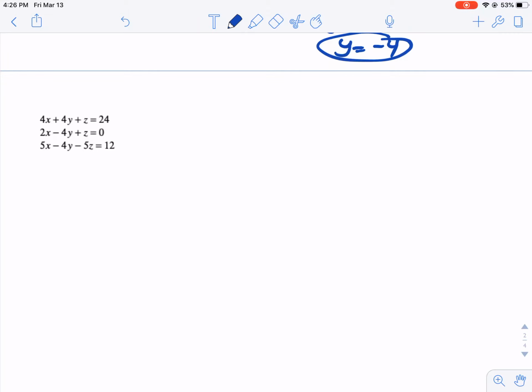Okay, again, it doesn't matter what I choose to eliminate, and I can do whatever I want. So I'm going to take these first 2 equations, and I am going to eliminate the x's this time. So I am going to multiply the second equation by a negative 2. So I'm going to recopy the first equation.